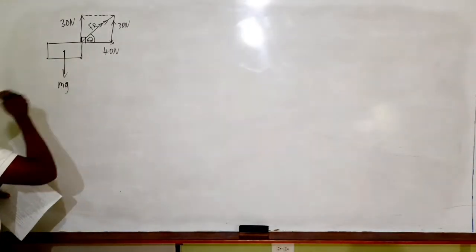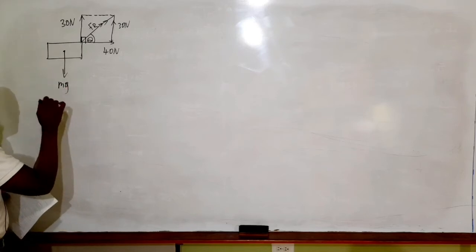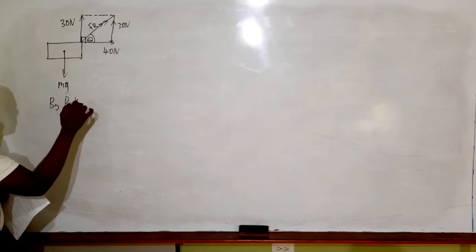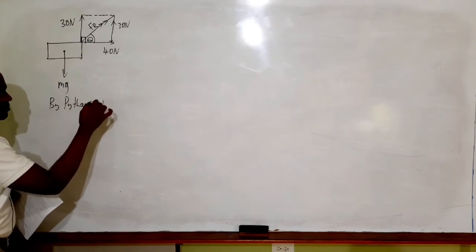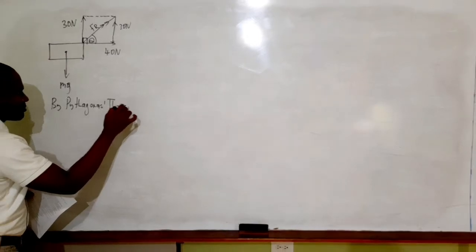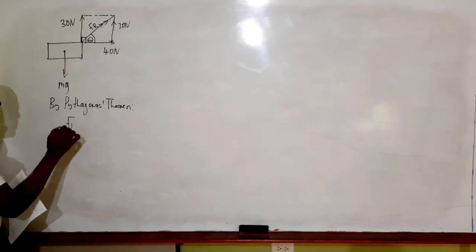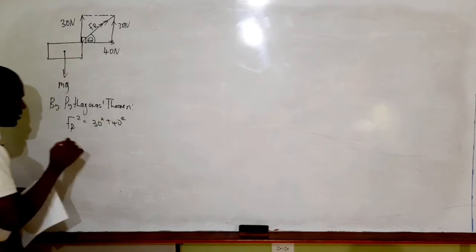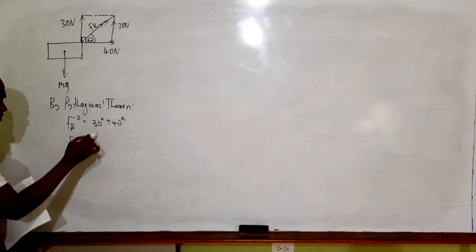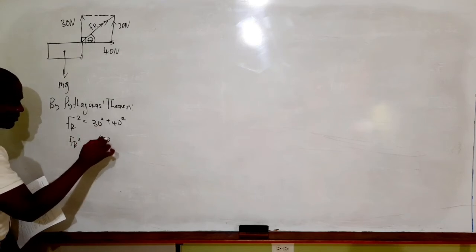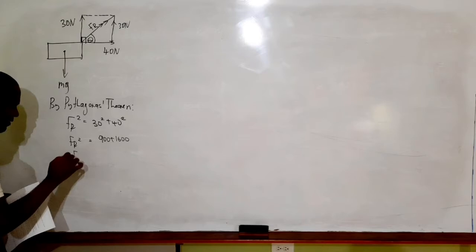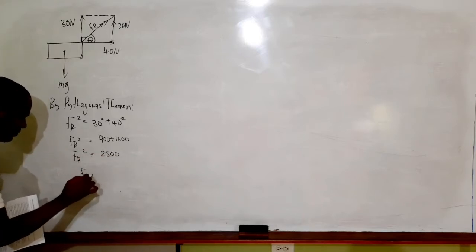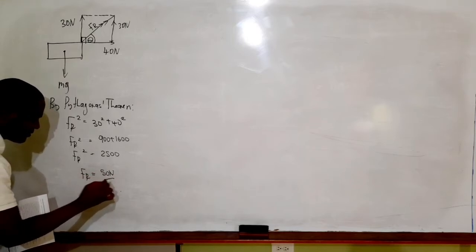So therefore, by Pythagoras' theorem, we get that FR squared is equal to 30 squared plus 40 squared. So FR squared is equal to 900 plus 1600. So FR squared is equal to 2500. And therefore the resultant force is equal to 50 newtons.